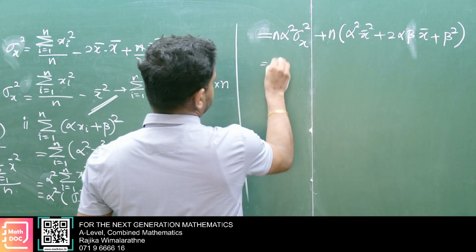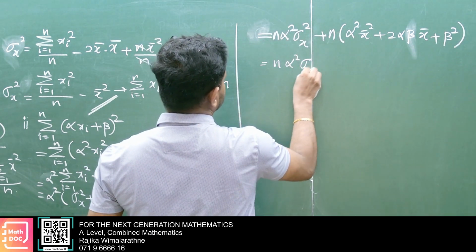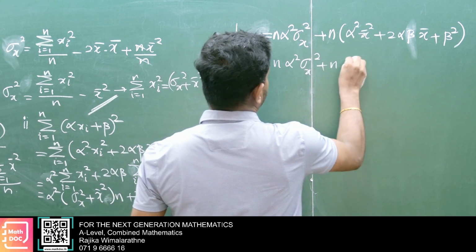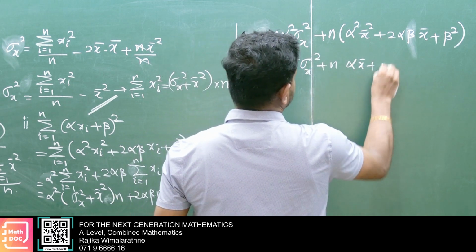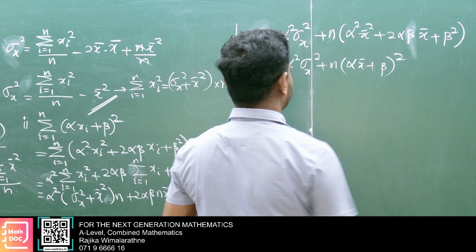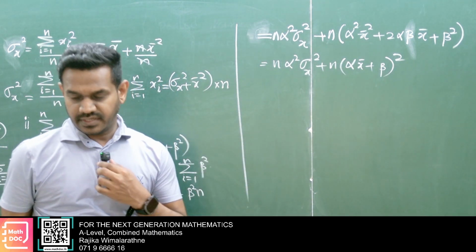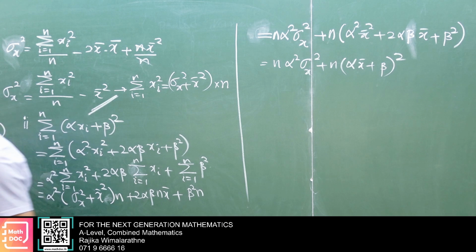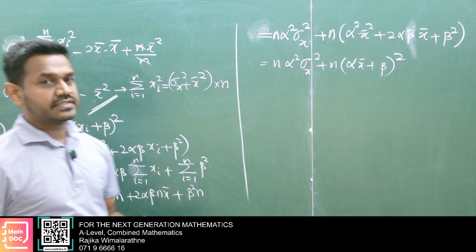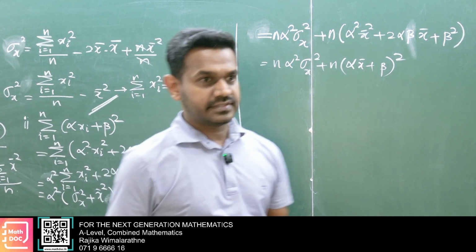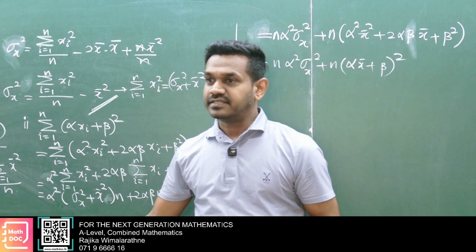Now n alpha squared sigma x squared plus n (alpha x bar plus beta) squared. Here it is. Okay, complete up to that. This is not statistics. This is sigma notation, sigma simplification.